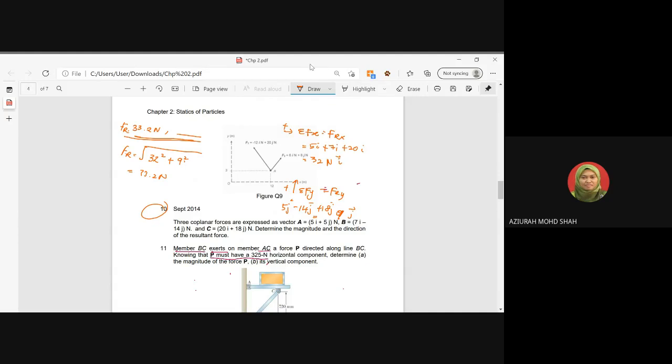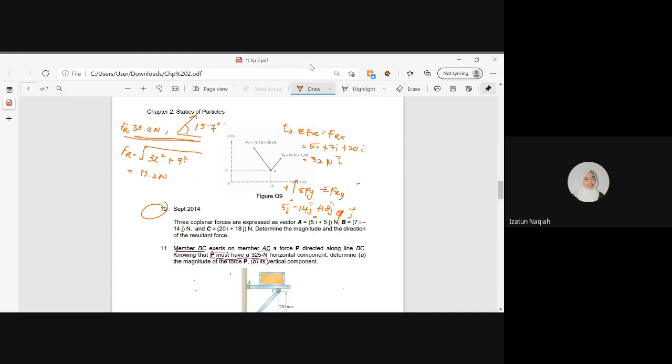Okay. But the question is in which quadrant, first, second, third or fourth quadrant, your resultant? First quadrant. So kita akan dapat resultant kita adalah pada first quadrant. How do you know that it is in first quadrant?